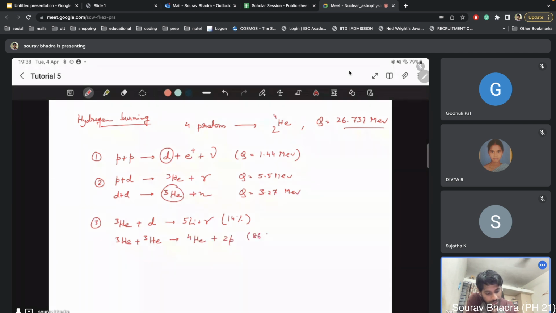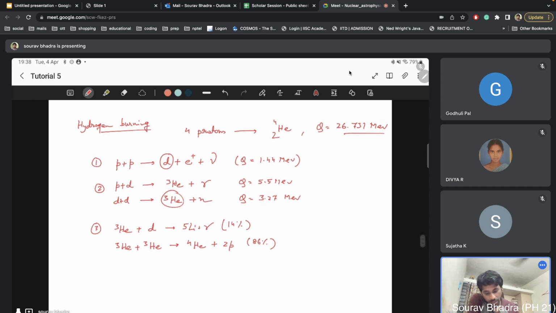This will occur 86%. The Q value of this total, these two different steps also have some Q value that I have forgotten, but 1 plus 2 plus 3 is actually the total PP chain, or hydrogen burning.